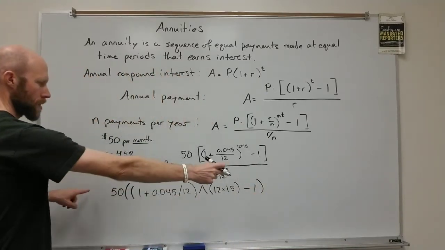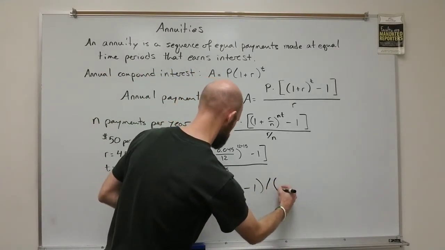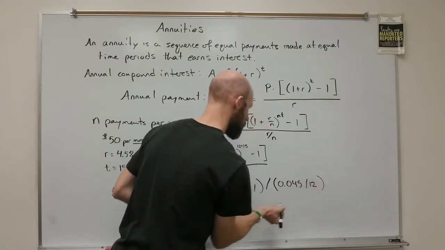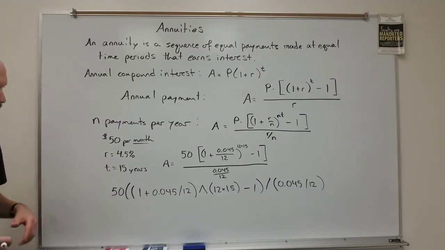So again, this is how I would type it into the calculator. Then I divide by parentheses 0.045 over 12. So this line right here is how I would punch it into the calculator.